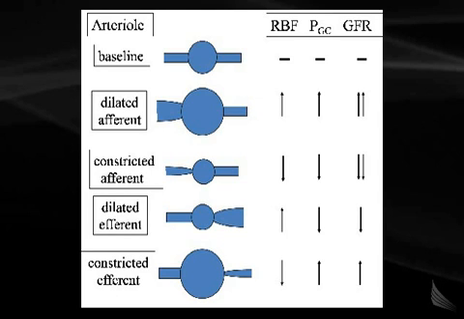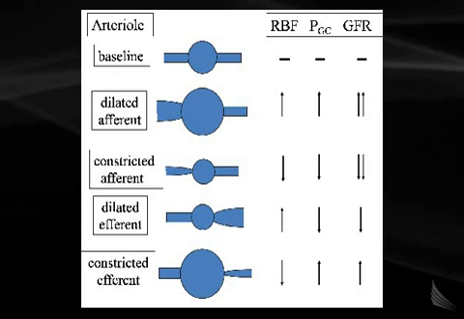GFR, which is ultimately dependent on glomerular capillary hydrostatic pressure, will also go down. If the efferent arteriole is constricted, the renal blood flow goes down. However, glomerular capillary hydrostatic pressure will go up, and ultimately GFR will also go up.